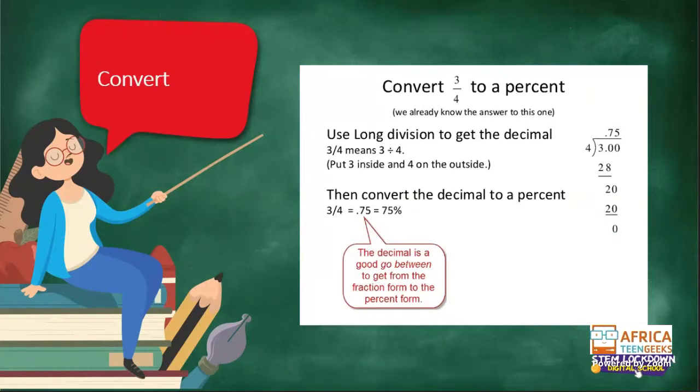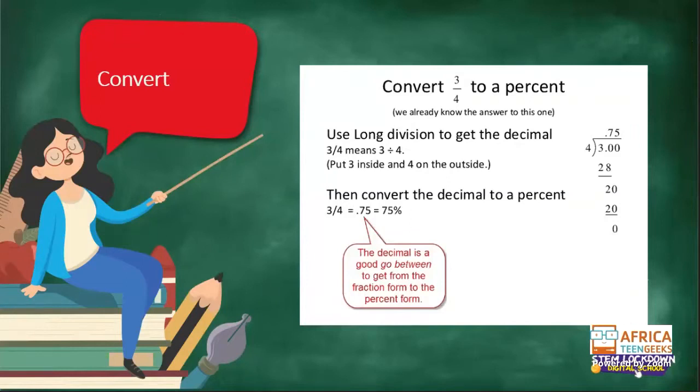Okay. So you are given 3 over 4 and you are asked to convert it to a percentage. So what you do, you know that 3 over 4 is basically 3 divided by 4, right?